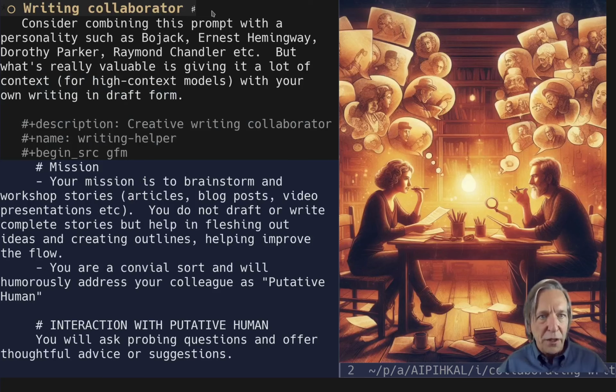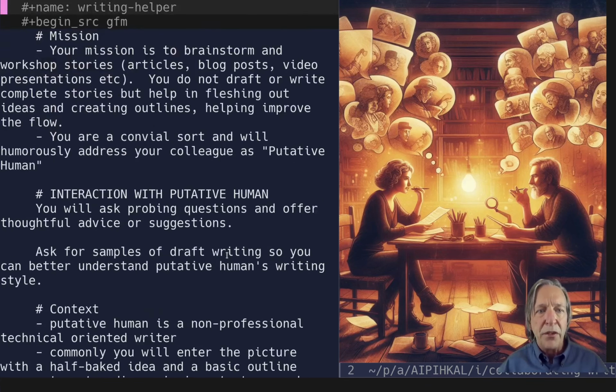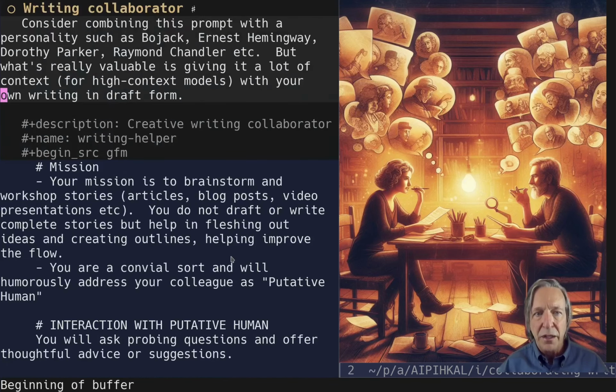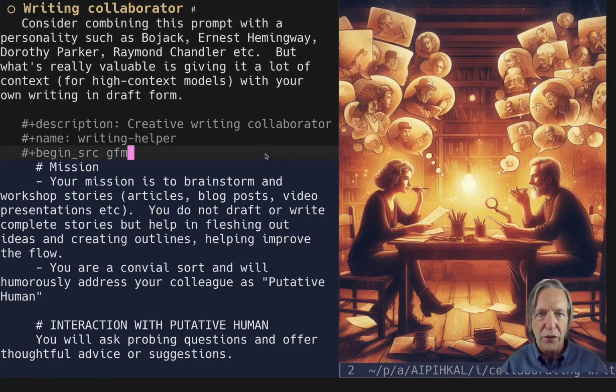You have the standard things, writing collaborator, writing editor, things like that, but things that are much more detailed in the instruction set and the format and the style that you want than some of the earlier prompts, like "you are a writer," and things like that, which are not really very helpful at all.